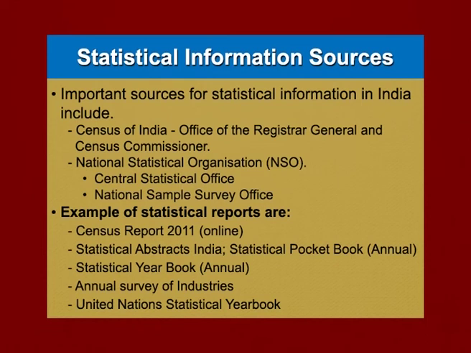So these are wonderful examples of statistical information sources. Census reports: every 10 years we get a census report. The current one is the 2011 census report, which is available online. Statistical abstracts, statistical pocketbooks, statistical yearbooks, or at the international level, United Nations statistical yearbooks are examples.